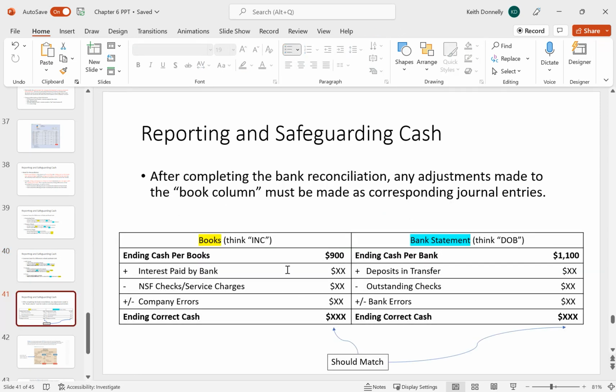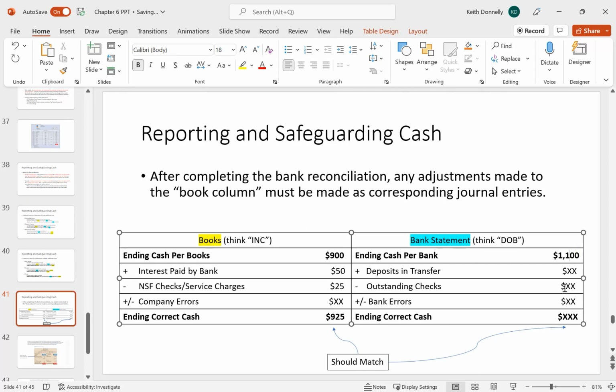So this is just an example of what's going on, right? Maybe we have 900 and 1100. Let's say that there was $50 interest paid by the bank, 25 in non-sufficient funds. So we're going to be at 925 in ending balance. 900 plus 50 minus 25 gets you there.